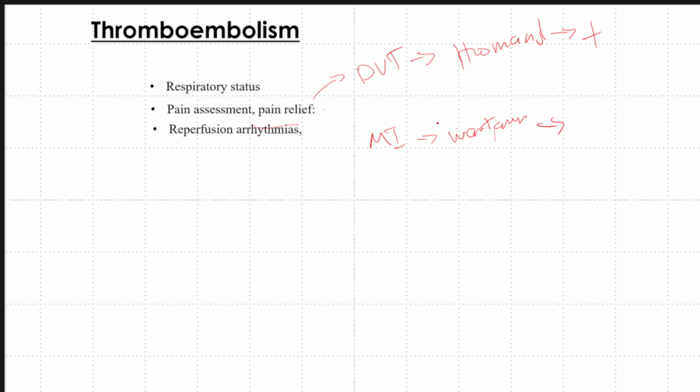Once na nag-reperfuse, anong ibig sabihin ng reperfuse? Once na dumaloy na pabalik yung blood doon sa area na yun, there is a possibility that the restimulation and the reperfusion, or ang pagdaloy pabalik ng dugo sa area na yun, causes what you call your arrhythmias. Okay? So that is what you call your reperfusion arrhythmias as a result of the restoration of blood flow.